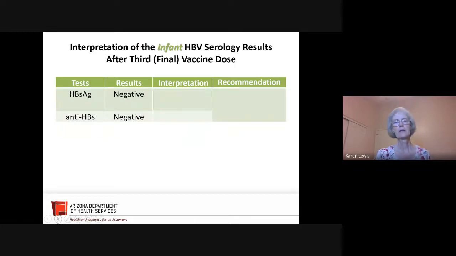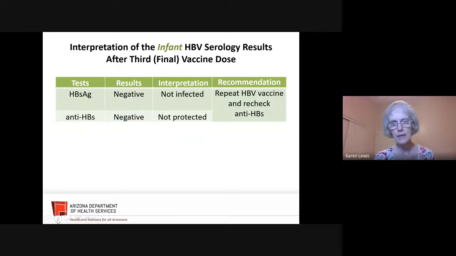Okay, another serology result. Hepatitis B surface antigen is negative, and hepatitis B antibody to surface antigen is negative. What's the interpretation? Not infected, but not protected. So what do you need to do?